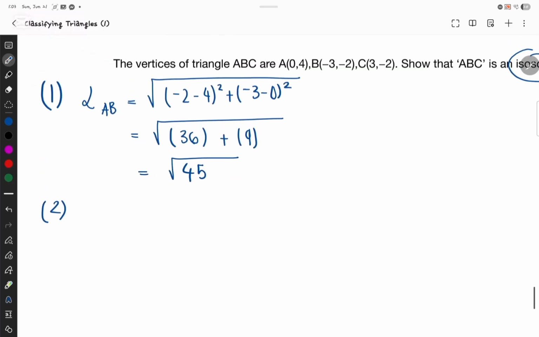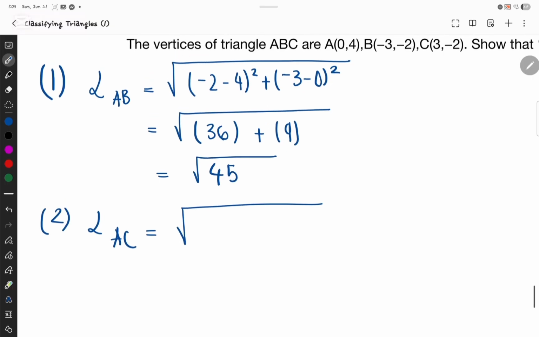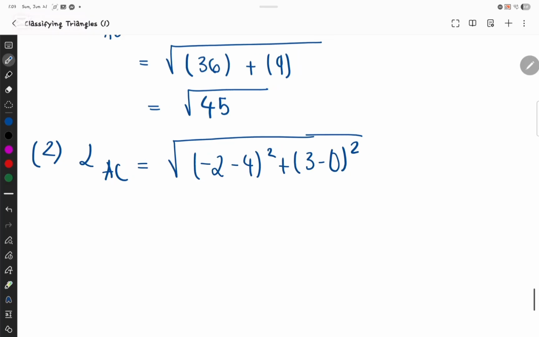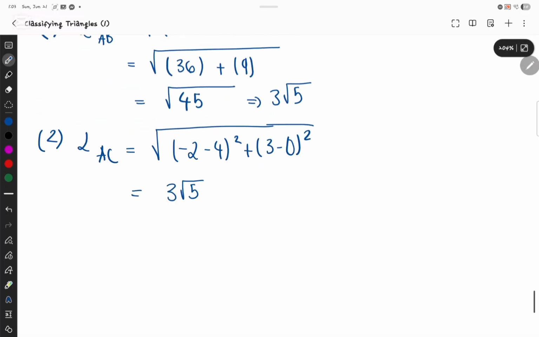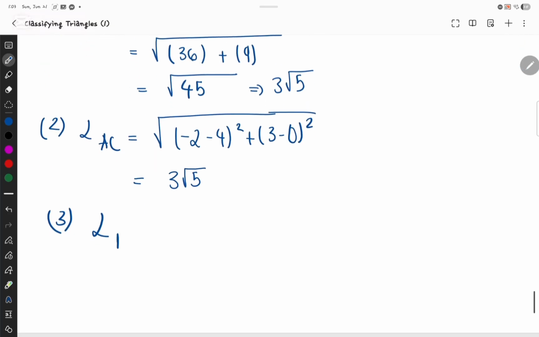And then you want the length of AC, which is going to be -2 minus 4. It's going to be also 3 root 5, because root 45 is 3 root 5. Okay, so length of BC.